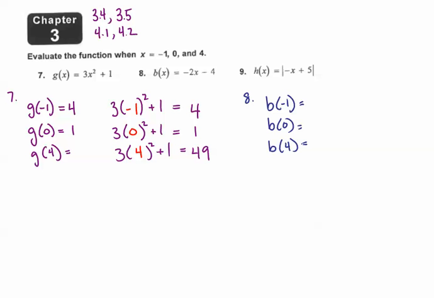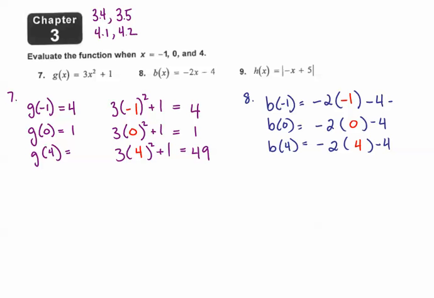So b of negative 1 says negative 2, open parentheses for the x value, and we can do that for each of them, just leaving a placeholder for the x value. And we're going to write inside our different x values of negative 1, 0, and 4.